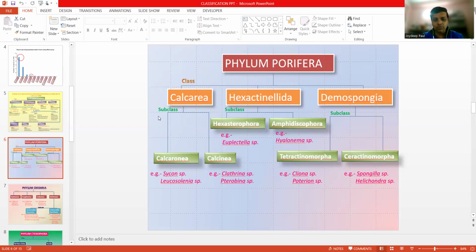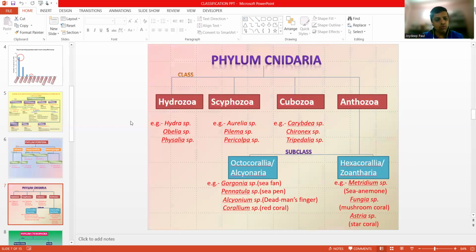Okay, so moving on to the next phylum, which is phylum Nidaria. If you remember, starting from the phylum Nidaria, the tissue or organ systems started coming into the evolutionary ladder.